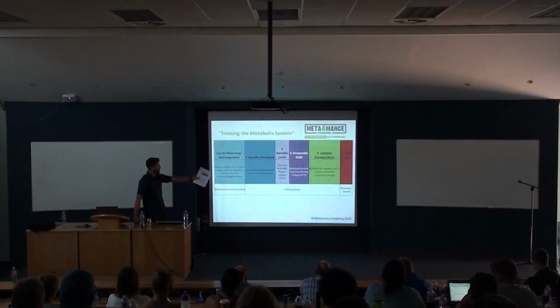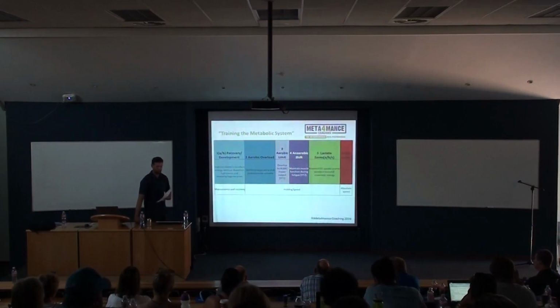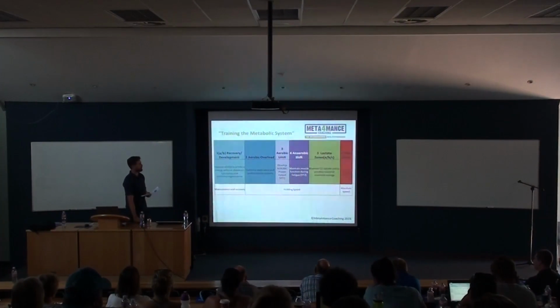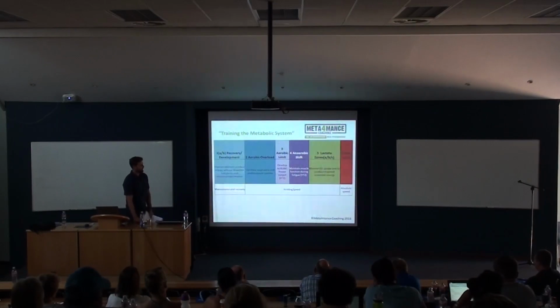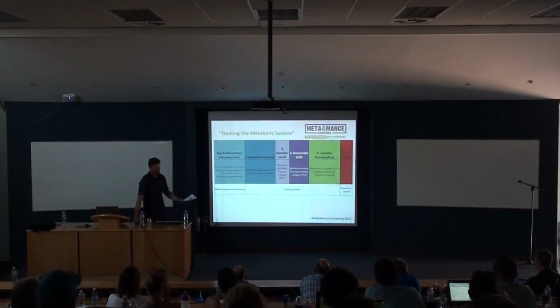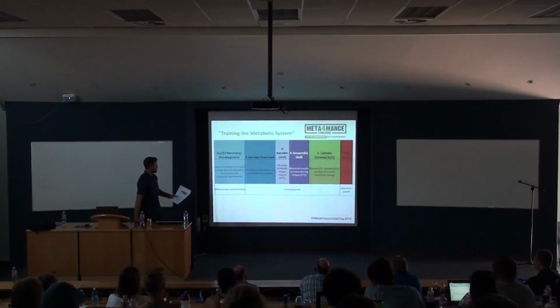So the purple zones are around your thresholds, the crossover from aerobic to anaerobic. They're a little bit murky, not always 100% sure where we are. And then the green zone is your lactate zones. That's about creating maximal oxygen uptake and producing maximal anaerobic energy.